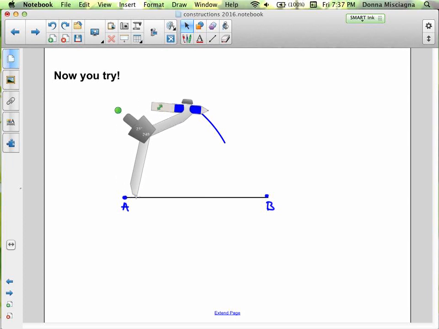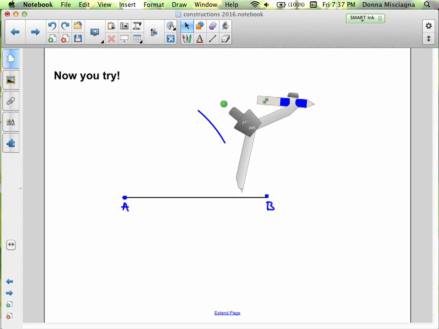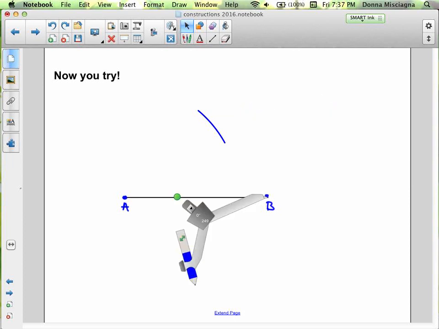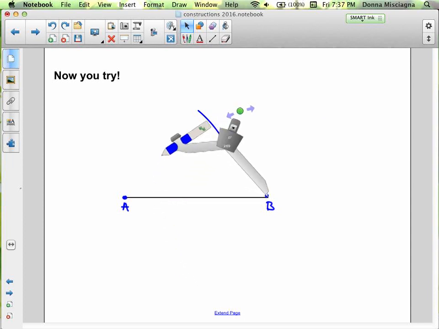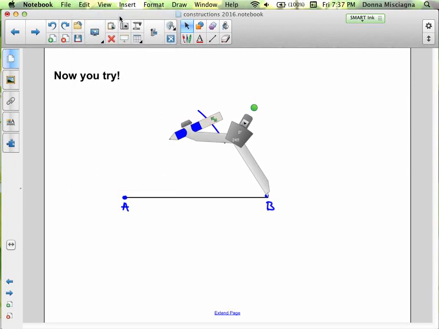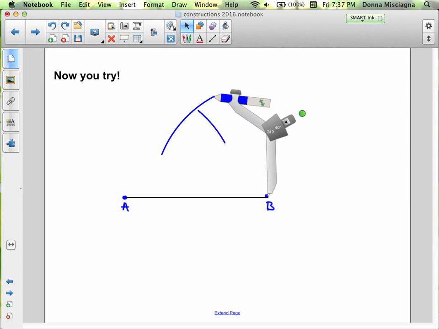I have issues sometimes with the arcs not connecting because I make too small an arc. Now we're going to move this compass over to point B. In my case, I'm also going to have to flip the compass over. Now I'm going to draw an arc from point B. I should have drawn a bigger arc, apparently.